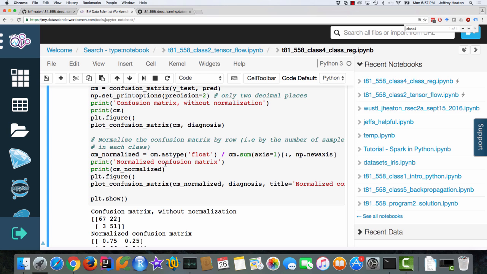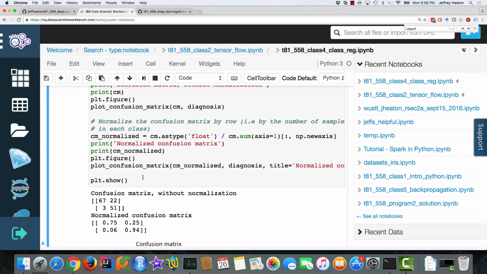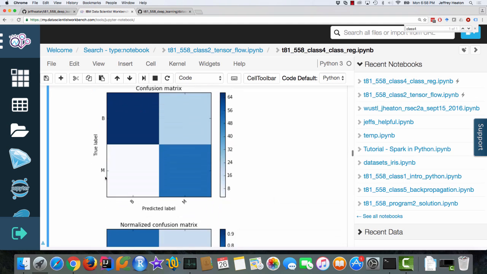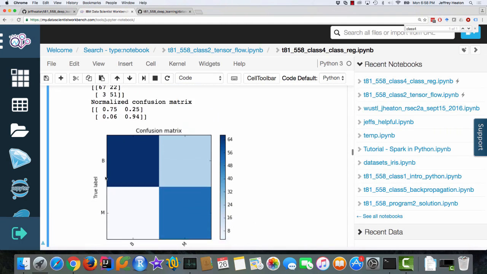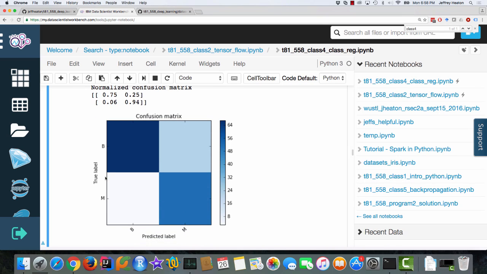So you're getting almost an accuracy score between every 2 things. Whereas the unnormalized one, the raw one, is a count. So when we print out the confusion matrix, that's what a confusion matrix actually looks like visually. We'll look at the visual one first.